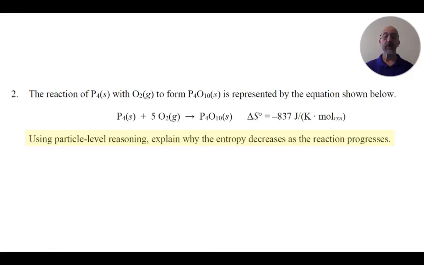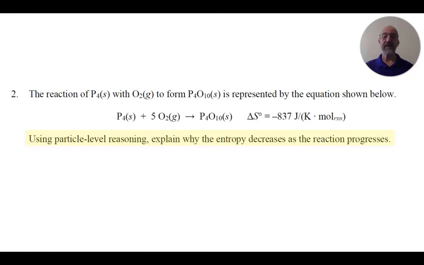That's not particle level reasoning or particle level explanations. So particle level language would include discussing the dispersal of the particles. And you might say number of arrangements or number of microstates. Again, the dispersal of the actual particles themselves, and not simply referring to the phase of matter, such as solid or liquid or gas.